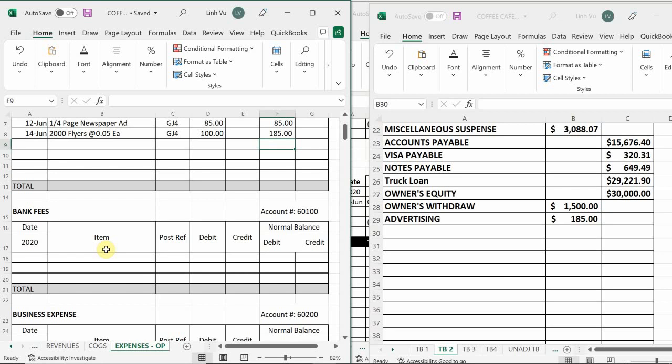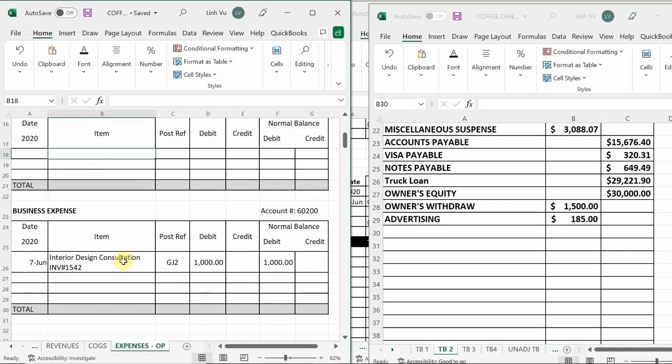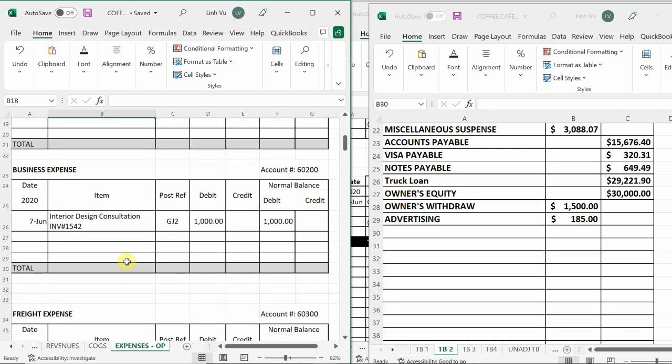We haven't received our bank statement, but we are looking at a bank account that is very low from where we started. So we need to keep an eye on that so we can prevent our account from getting any fees and charges. So no bank fees yet, but eventually we'll look at our statement and figure out if we got charged or not.